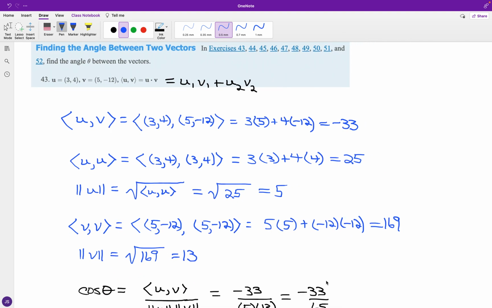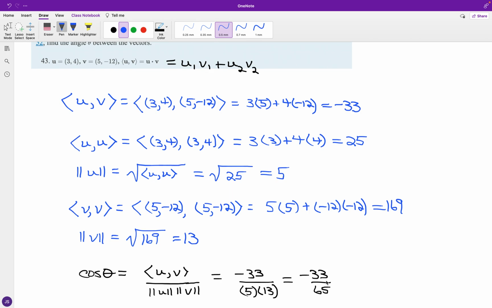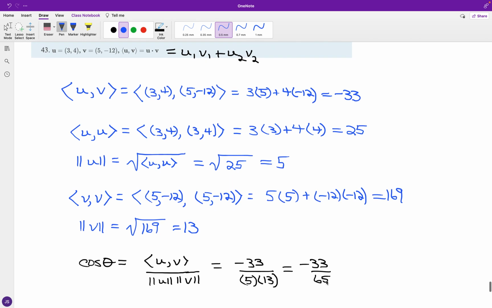Now for the angle between u and v, the cosine of theta is the inner product of u and v divided by the product of the norms of u and v. The inner product was negative 33, and the product of the norms is 5 times 13, which is 65.